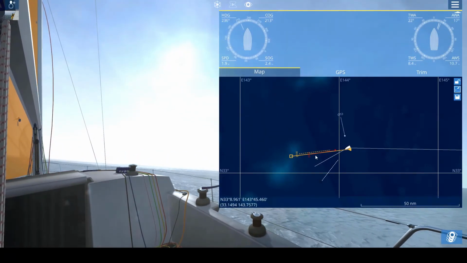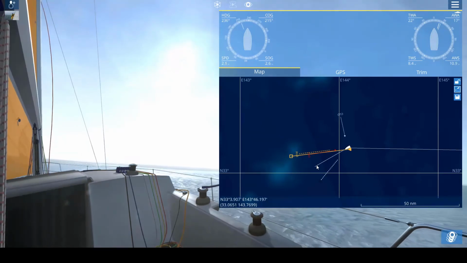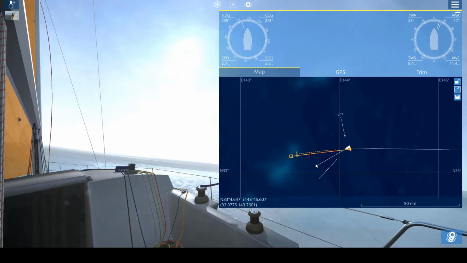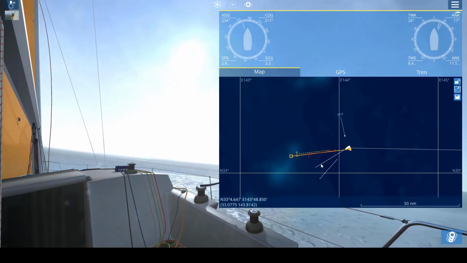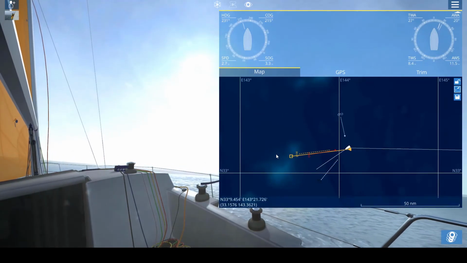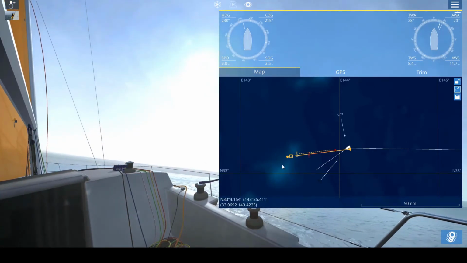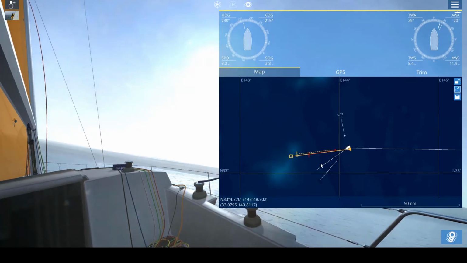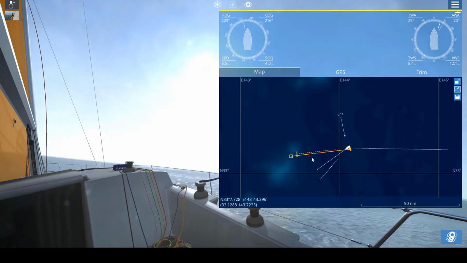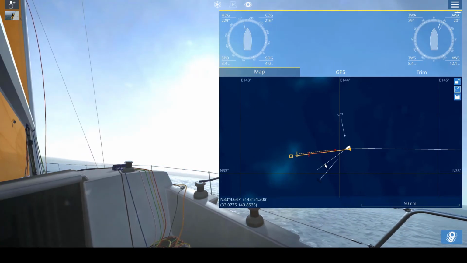So if we were racing, I need to be aware that I'm going to get a lot more speed in a southwesterly direction, but I need to be aware of the mark and which direction I have to go around that mark. So maybe I will be spending a lot less time, depending on the wind changes obviously, or a different angle.